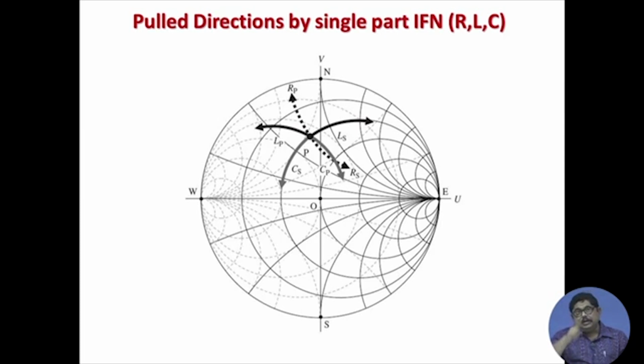This diagram will help you decide which one to add, whether an L_S, R_P, you have various choices, but where it will be pulled you can easily see here, and whether that is acceptable or not, whether you are getting an increase or decrease of return loss. Obviously, your goal is, by this pulling, to come to the center of the chart, which will be the conjugate match case, where there is no reflection, because the center of a Smith chart means the reflection coefficient is 0. So, by this pulling you can come to one point or other.